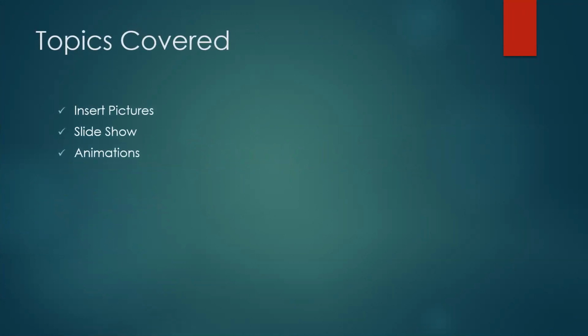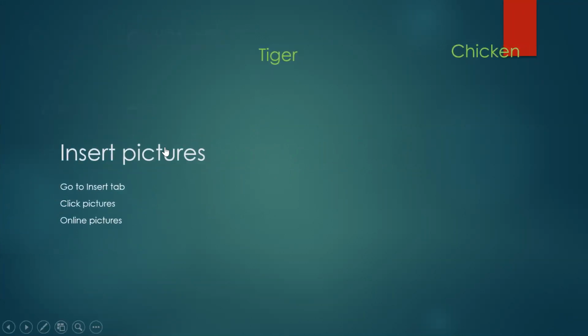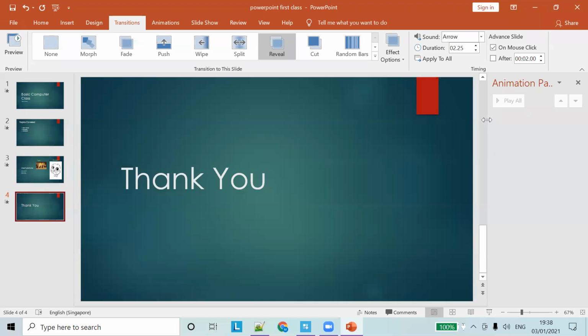So on click, I'm using the slide transition to move to the next page. Now I want to see the pictures. That's it. What else can we see?